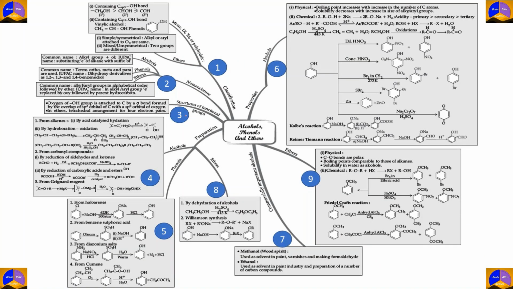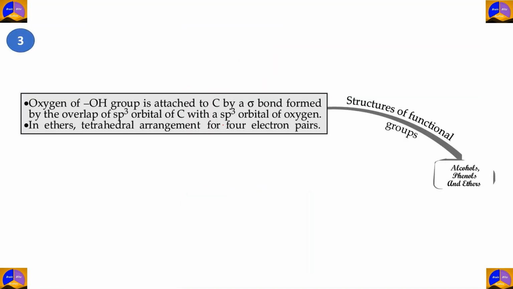Let's move on to the structures of functional groups. It's pretty simple. The functional group for alcohols and phenols is OH. Now this OH is attached to a carbon atom, which belongs to a chain, and it's attached by a sigma bond.